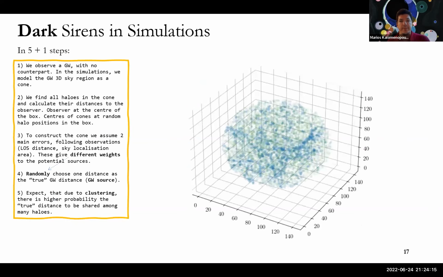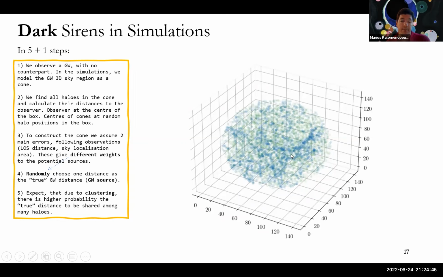The next step is what we expect to gain from the numerical simulation: the clustering information. Instead of using a uniform distribution, which is the green dots here, as was used in previous studies, we want to have extra information based on the clustering of the simulation.